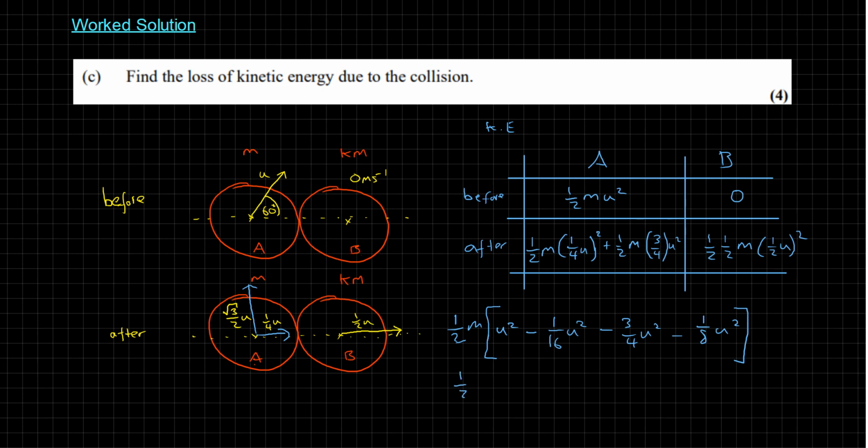And you can either work that out or use your calculator or however. We should end up with 1 over 16 u squared. And that then gives us a final answer of 1 over 32 times m times u squared. And that is in fact the right answer.